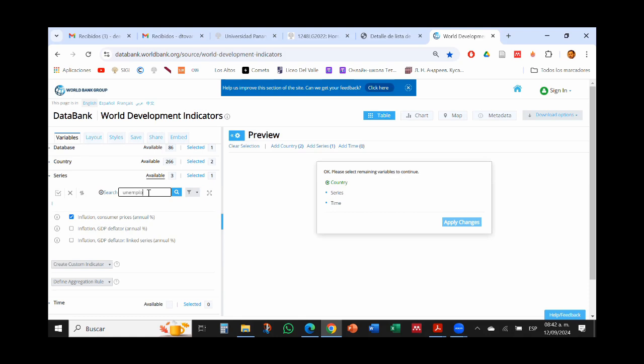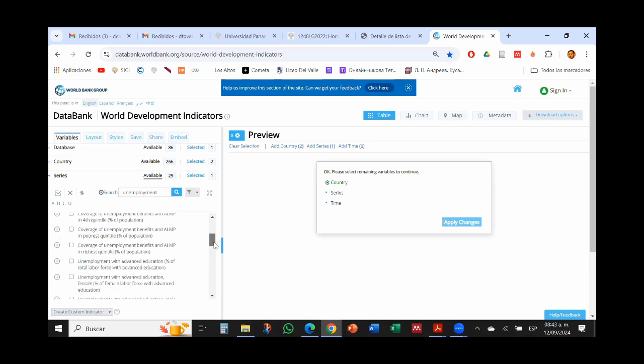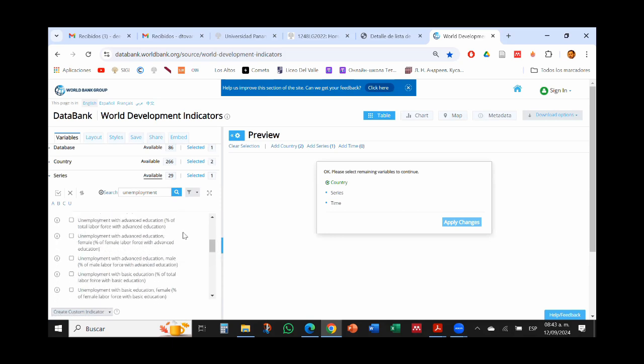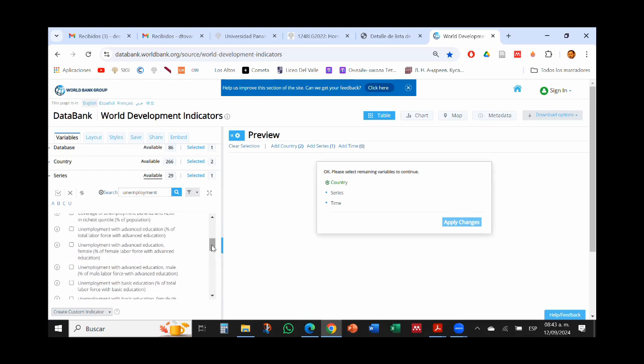Unemployment. Last class, I told you go to the view, here is unemployment, and we have different kinds of measures of unemployment. Because actually unemployment is a very complex topic. And what you need to analyze the Phillips curve is inflation, consumer prices, versus total unemployment.